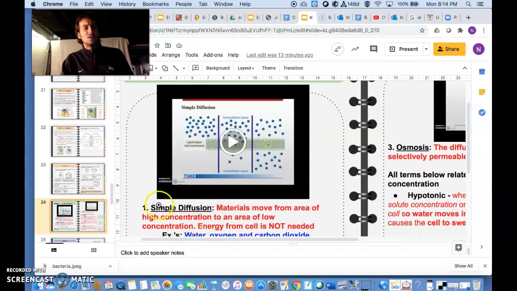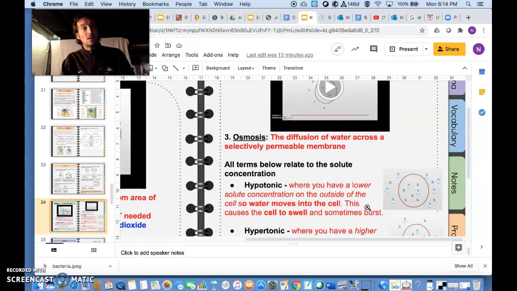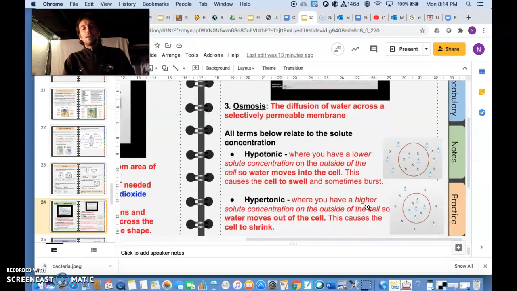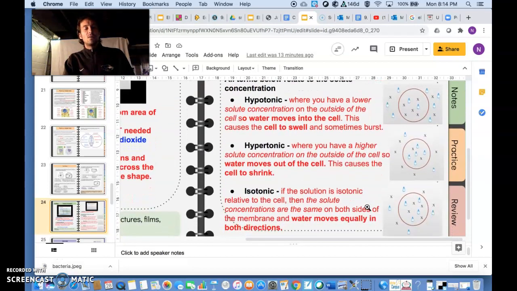Osmosis is really just simple diffusion, but when you're specifically talking about water. And why do we talk about water? Why does it have its own name? Well, because of course water is very important to all kinds of cell activities. It's a universal solvent, right? So a lot of things dissolve in water, and with that, are able to move across the cell membrane because of it.